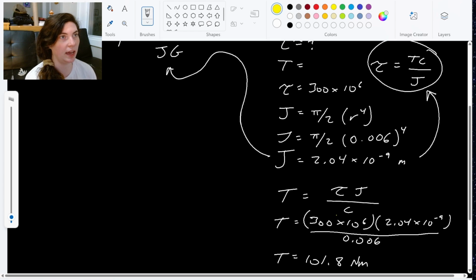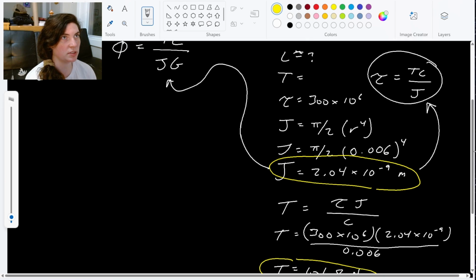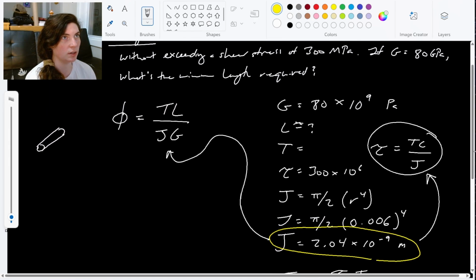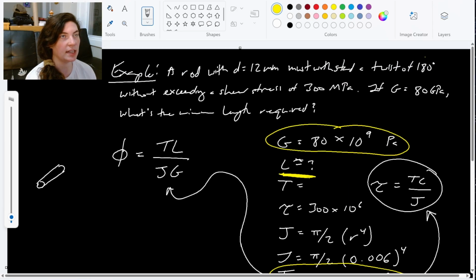So now I've got the gang's all here. Got the torque, I've got the polar moment of inertia, I've got, who else do we have? There we go. Shear modulus of elasticity. And who are we missing? We're missing L. We're looking for L, but our problem statement did give us the angle of twist here, a twist of 180 degrees.